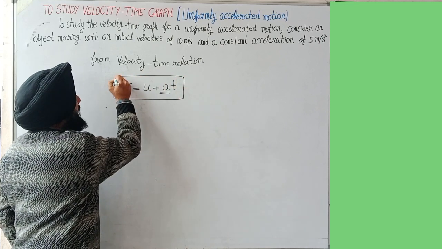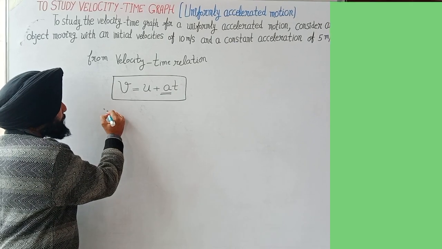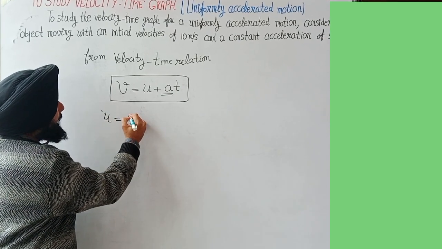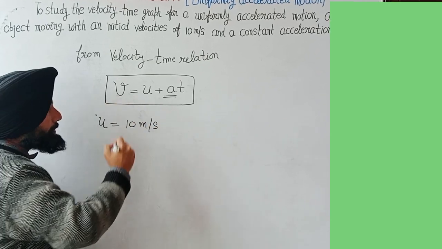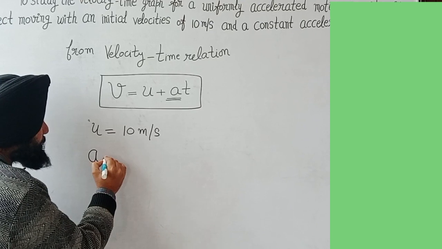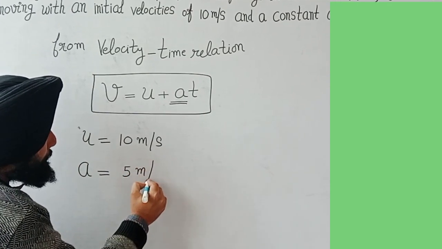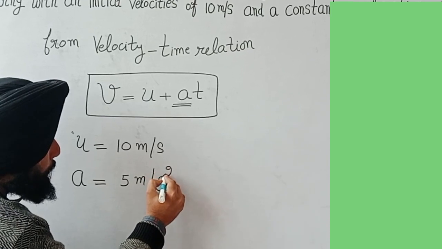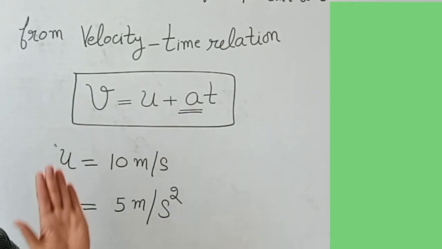Now what is given? U is 10 meter per second, and constant acceleration, that is small a, is 5 meter per second square. V is the velocity at any time t.